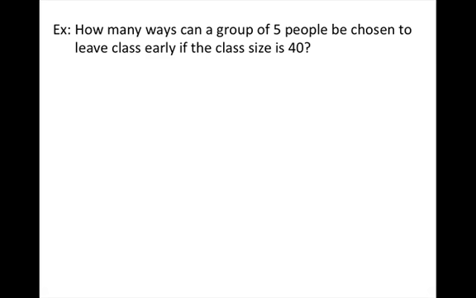Basically, those 5 people I select are going to get up at the same time and leave class. So there's no advantage to being selected first over 5th. So in this example, order does not matter. So it's a combination. I have 40 students to choose from, and I'm choosing 5. So it's a combination of 40 choose 5.